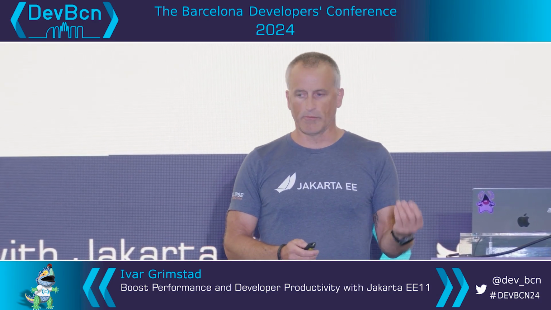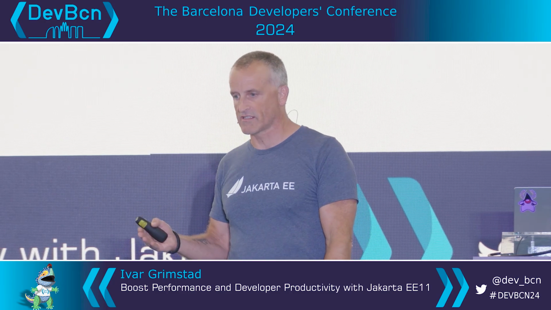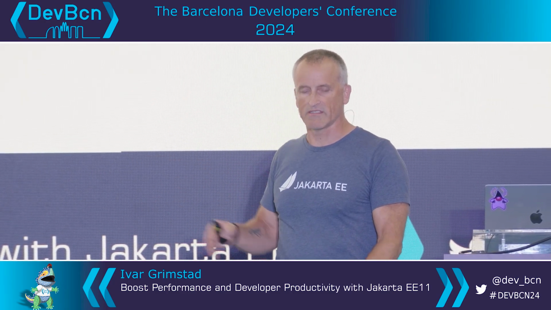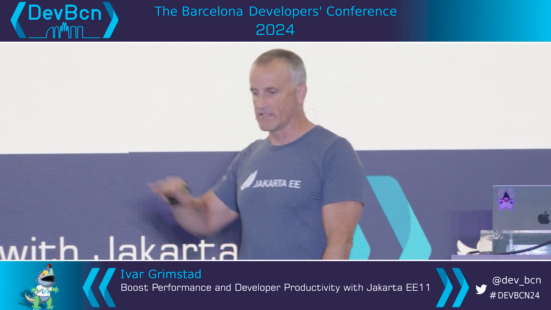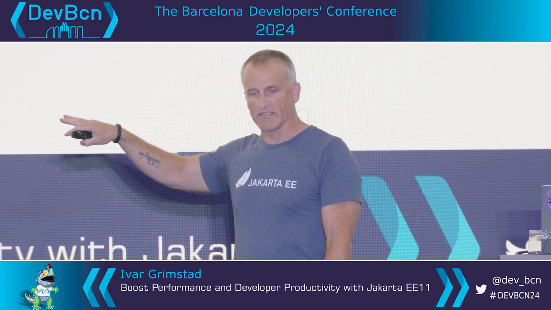Then we have the core profile, which is the smallest platform or specification that we have. It targets microservices, headless clients or just RESTful endpoints, and these are the specifications that you need to create that. The CDI Lite specification here was new in 10.